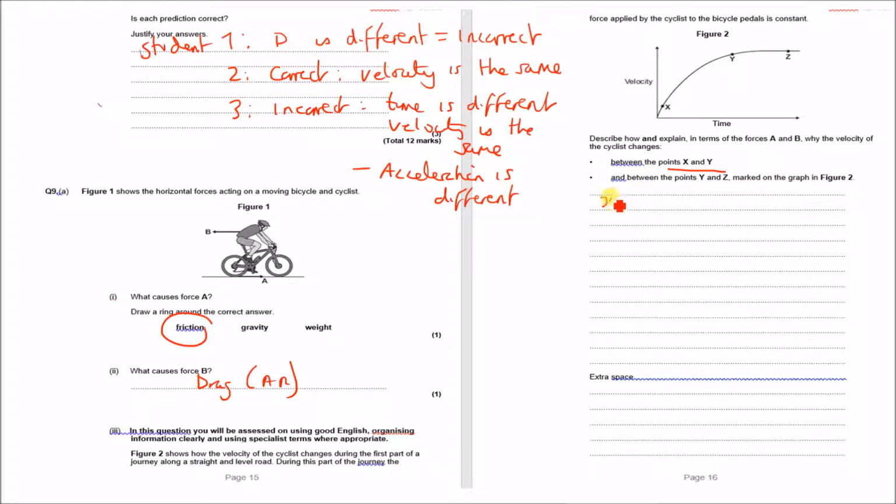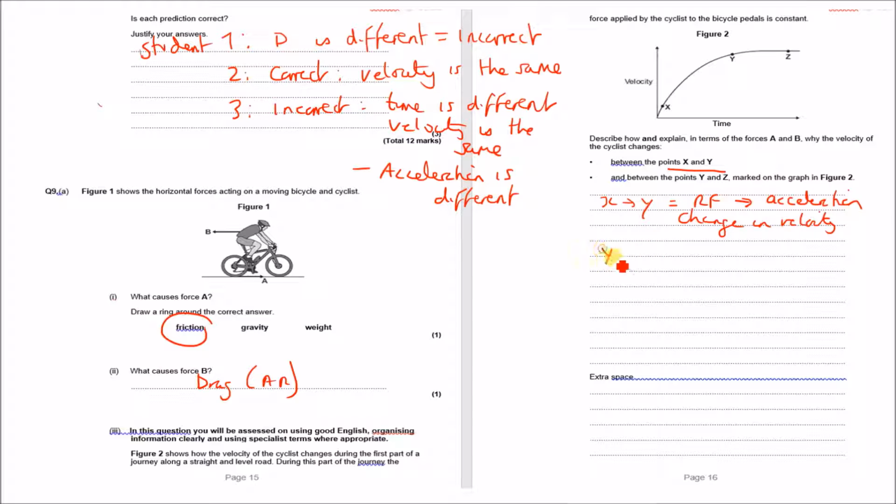So between X and Y, we must have a resultant force. A resultant force causes acceleration, and that is a change in velocity. Okay, so we've got a resultant force and an acceleration, and that causes a change in velocity.